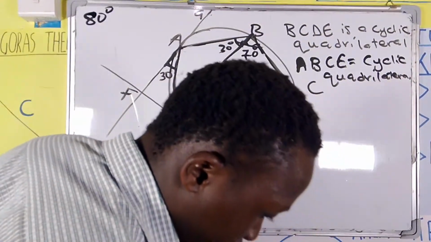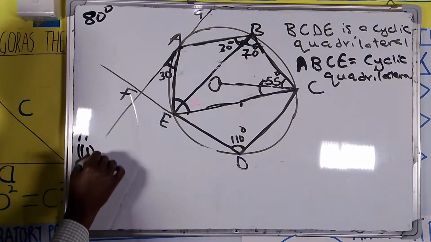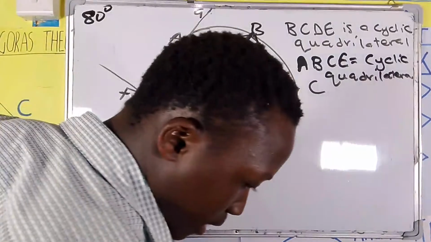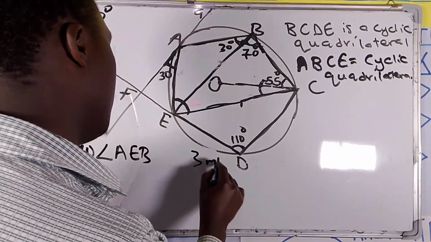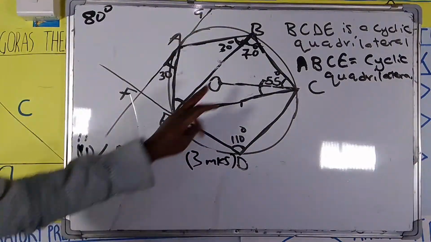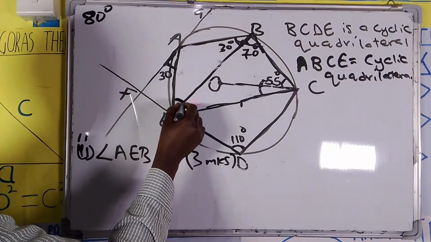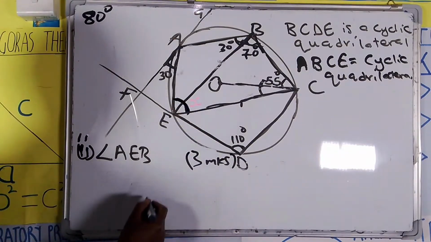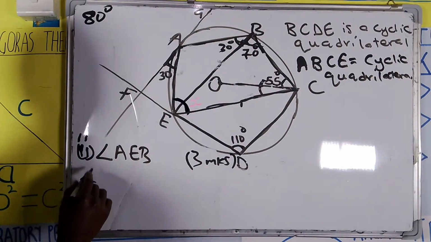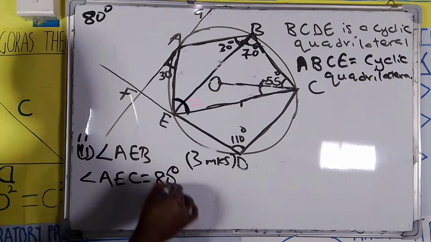Roman 2 is AEB. Angle AEB, 3 marks. AEB peke yake. Hii yote imekuwa 80. Angle AEC imekuwa 80 degrees.